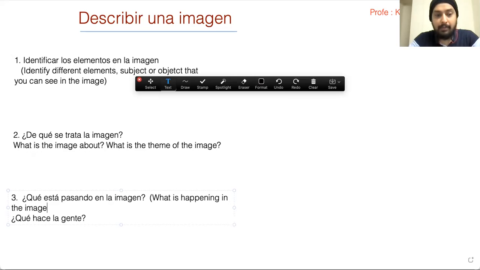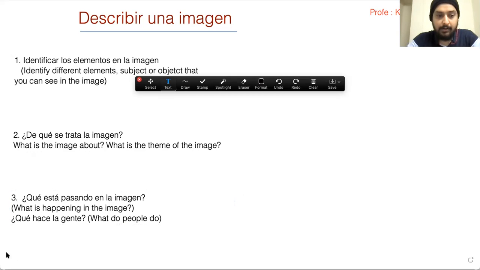If there is any living element, what are the people doing? You need to check that and explain here. What do people do? And the last part is dar opinión personal, giving a personal opinion.